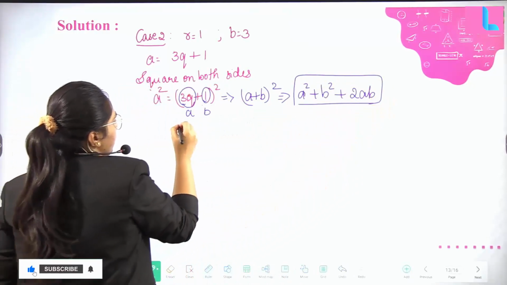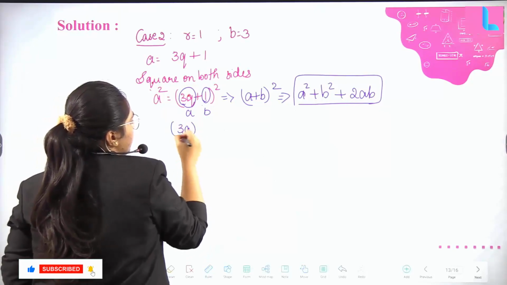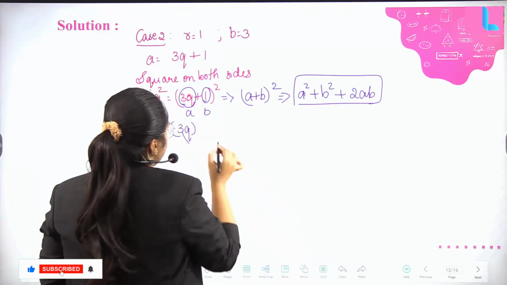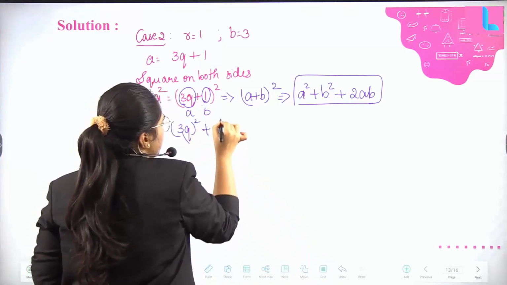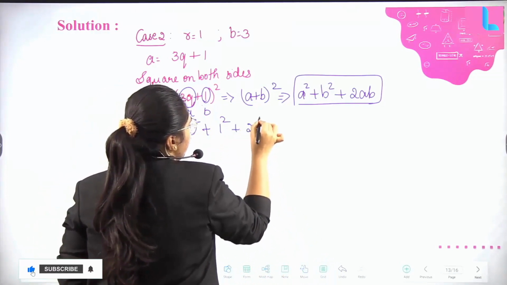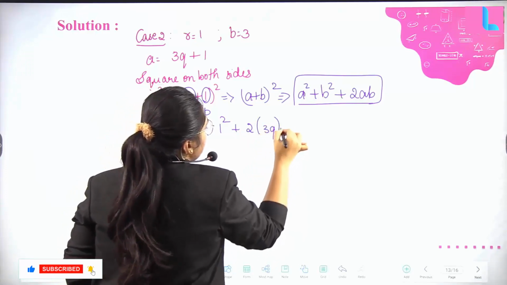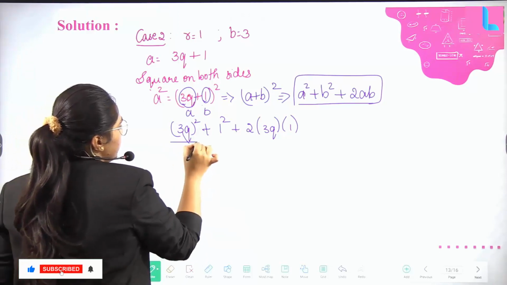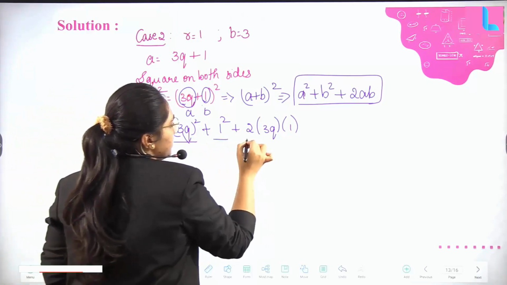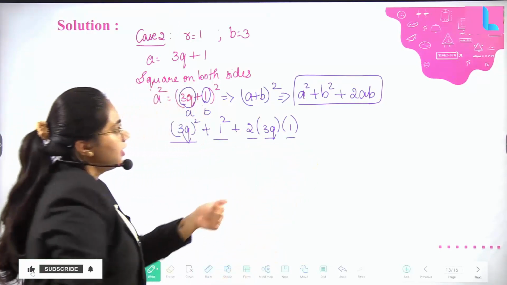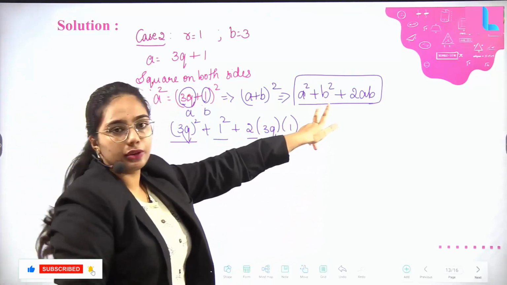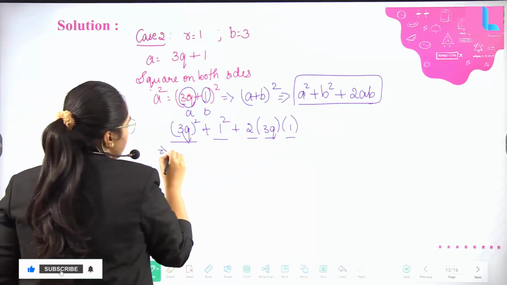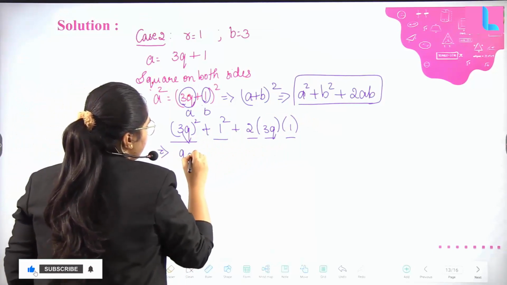We'll substitute the same: a square plus b square plus 2 into a into b. See this. This is a square, this is a, this is b, this is 2 into a into b. All that I have done is substitute in the formula a square plus b square plus 2ab. We will continue the same.